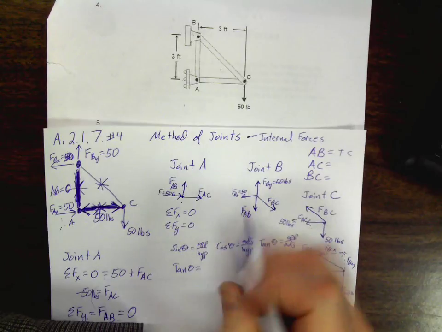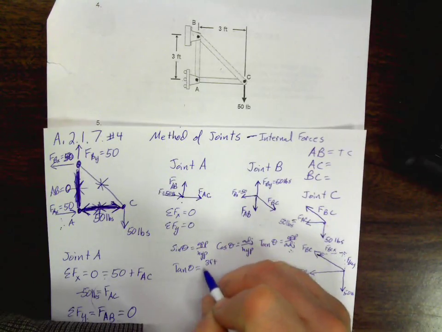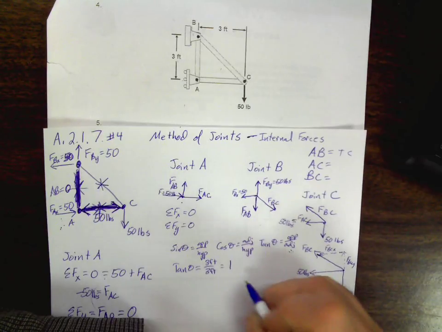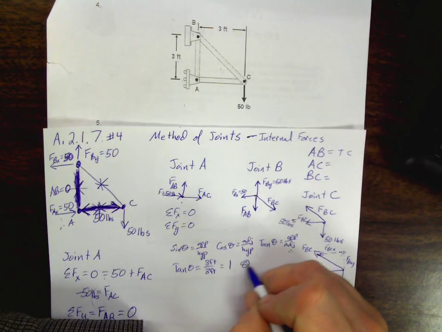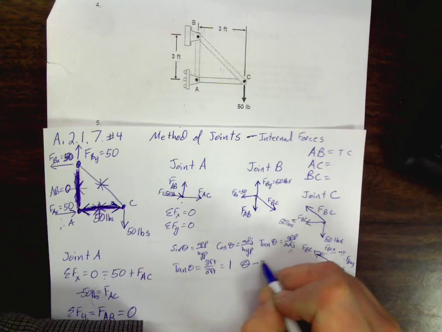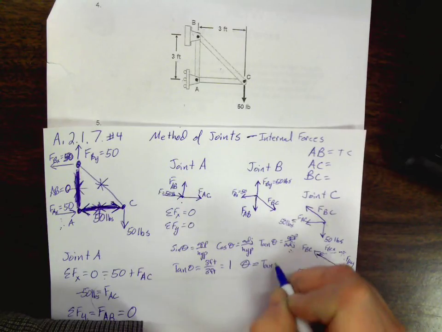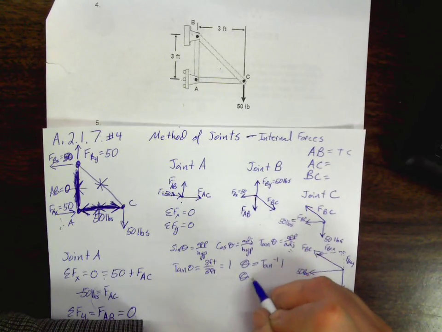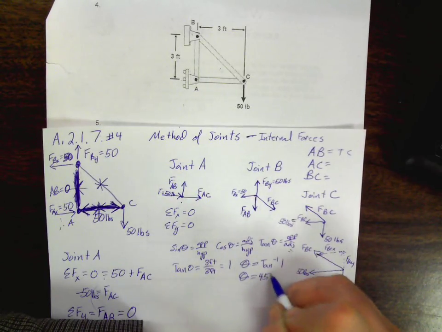Well, this is where we need to use the trigonometry. And again, here we've got the opposite over the hypotenuse, and that is our sine. So we got to break this up. BCX, the force of BCX, we got to find that in a trig relationship.